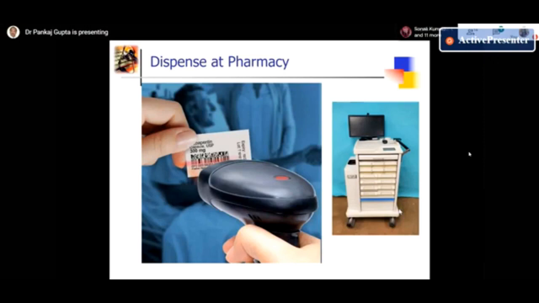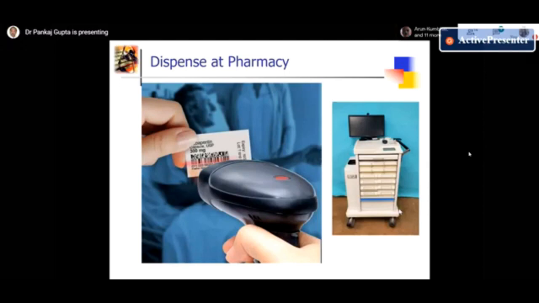No, sir. Okay. So after the label and the scanning, the bottle or the sachet is loaded into a cart, which is called a medication cart. Instead of the earlier method where the medicines were bundled and carried, in a mature BCMA implemented hospital, it is carried in a medication cart.